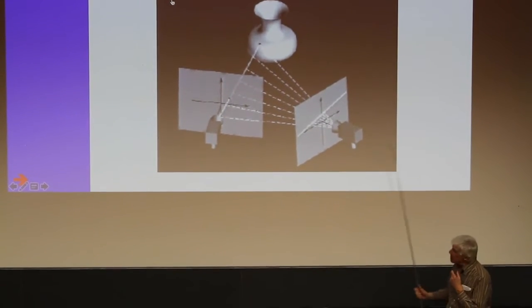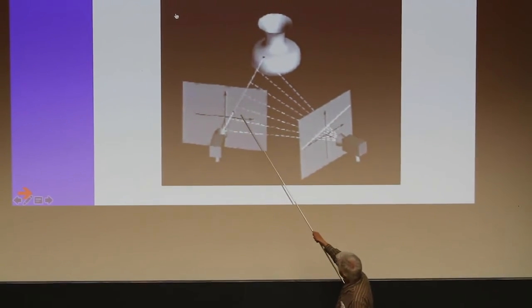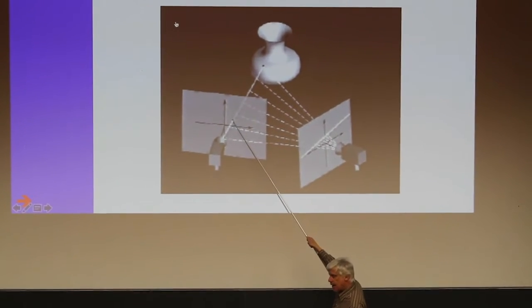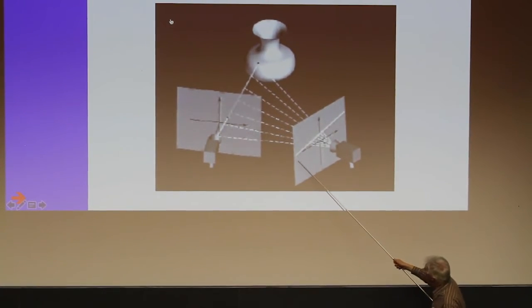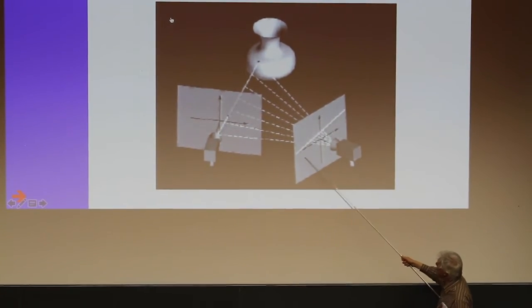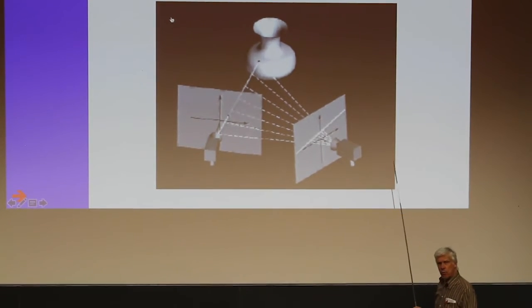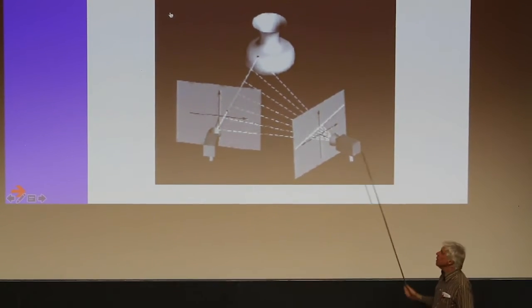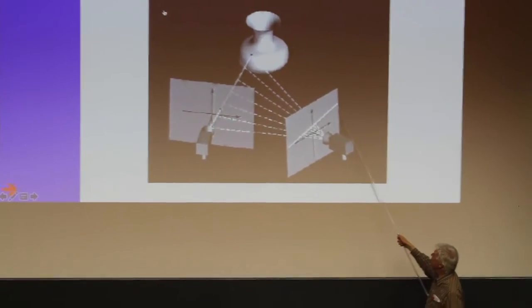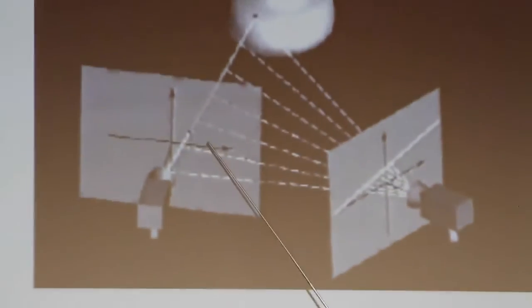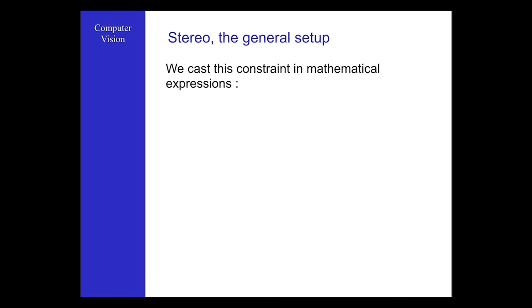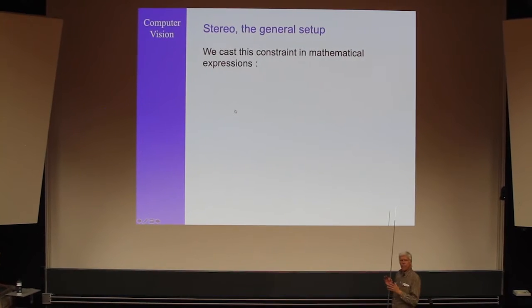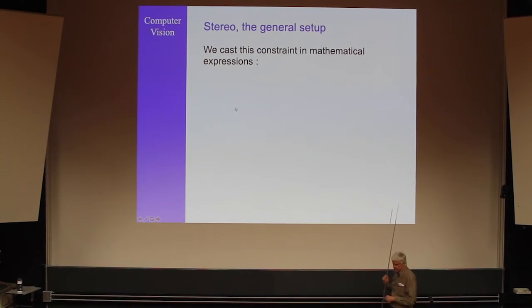So now the problem is, given a point in the left image, what is the equation of this line in the other image? And that is what we are going to derive. This is the epipolar line, so-called, for that point. So first let's go back to the projection equations of the two cameras.